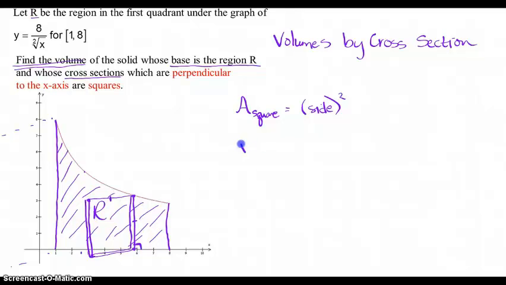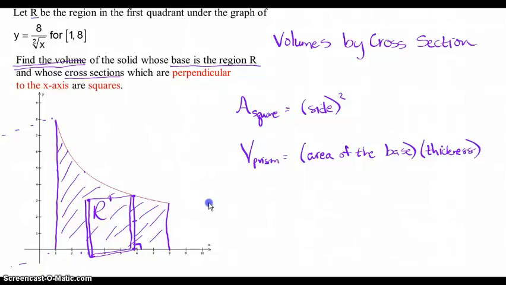If I take the volume of this prism, it is the area of the base, which for us is a square, times the height, or for us I'm going to use the word thickness, of that prism. And we said that the area of the base was side squared.